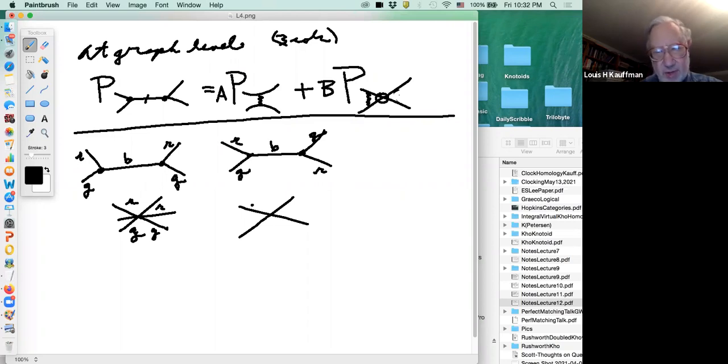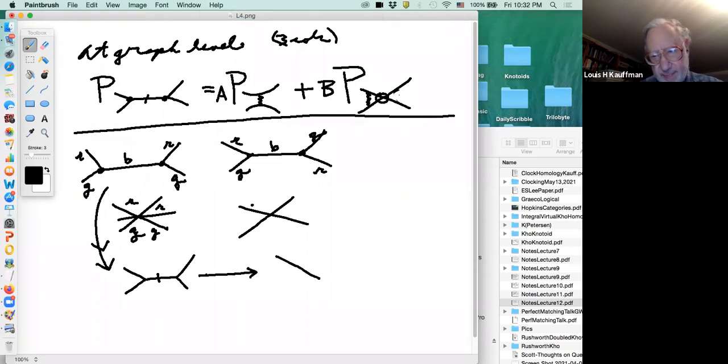So in order to carry this over into knot theory, what we do is we take this guy and we send him over to a crossing followed by a virtual crossing to get rid of the switching.